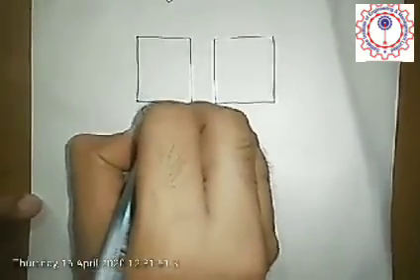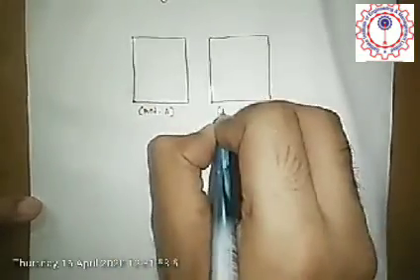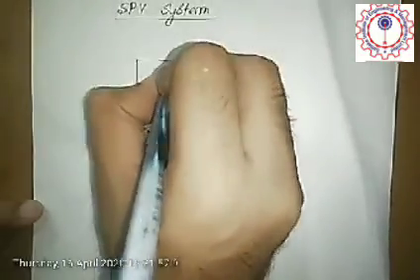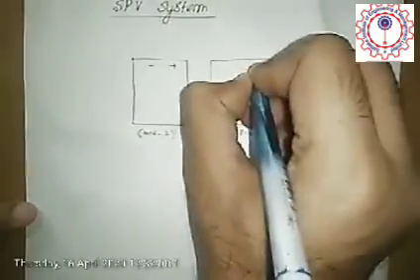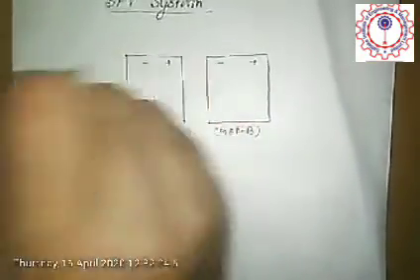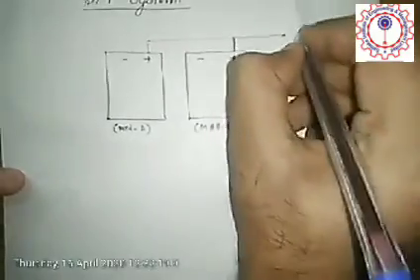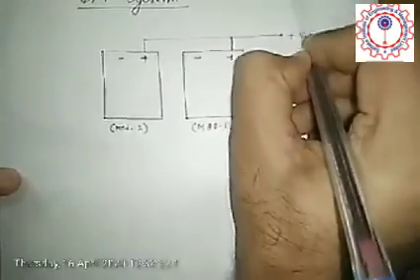This is module 1 or module A, and this is module B, and each module has two terminals. When connected in parallel, the positive terminal of module A and the positive terminal of module B are both connected with each other, and this is the final output positive terminal.